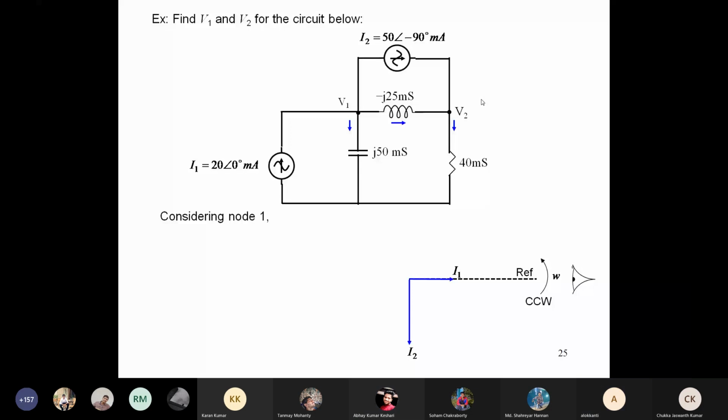No. V2 is 0.50 degree. No. V2 is minus 49.96 degree. No.